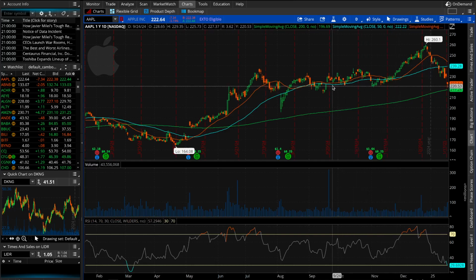Where did we say support was? We said support is around 220. It got down to 219, shot right back up. That's what support does. It gets down to a certain level where it's kind of like a safe area, and then you say, okay, it's too low.